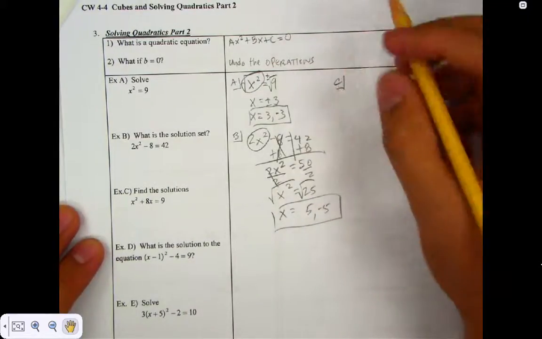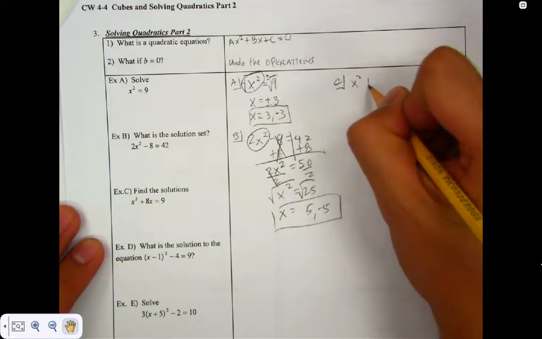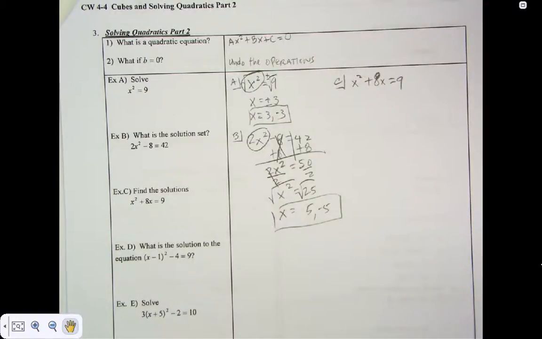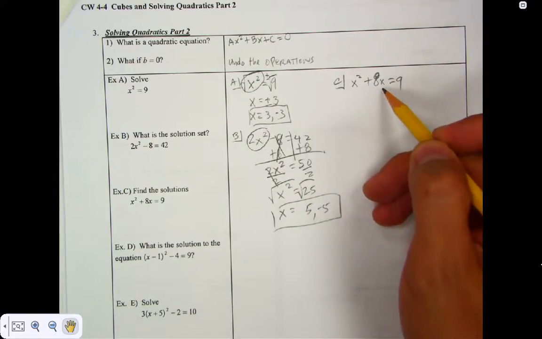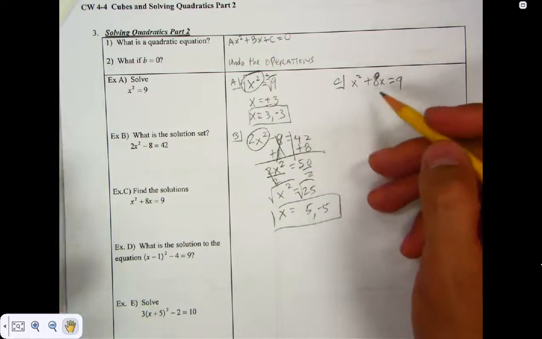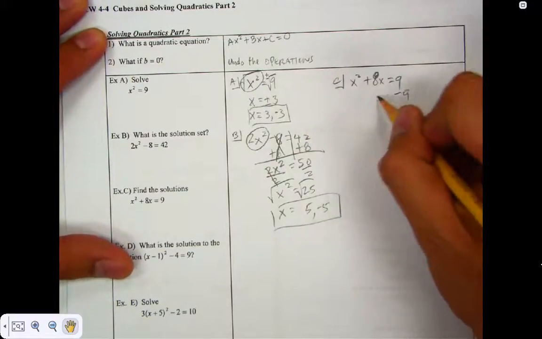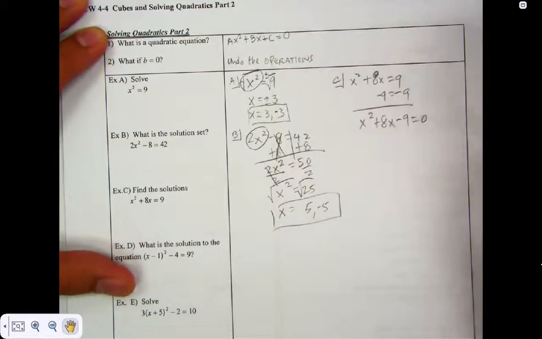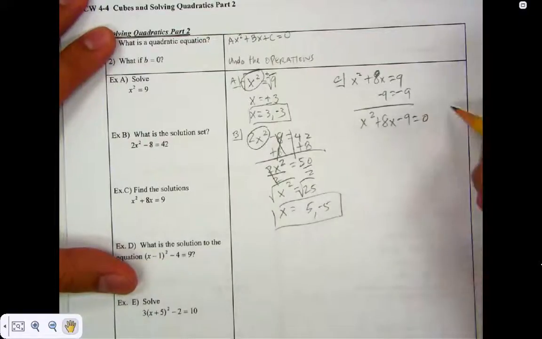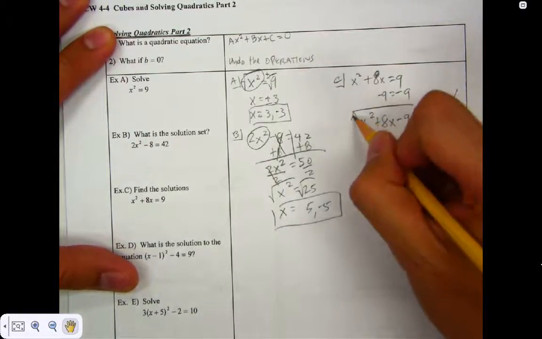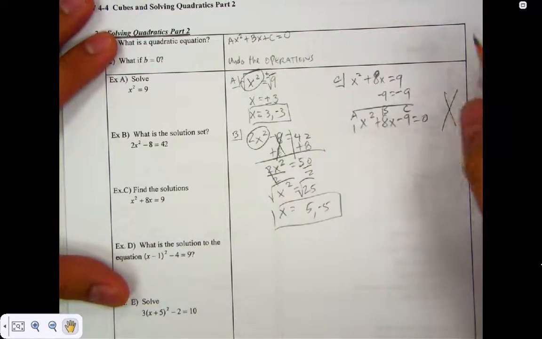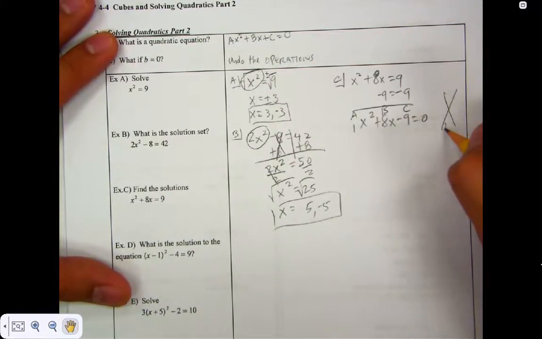Example C. I'm going to copy right here. Find the solutions. X squared plus 8x equals 9. Okay, right here I see a bx, so I'm going to normally solve it by getting one side equal to 0. So with the 9, I'm going to subtract 9 on both sides. So I got x squared plus 8x minus 9 equals 0. I'm going to try to factor. A is 1, B is 8, and C is negative 9. Remember on the diamond, what goes on bottom? The B, positive 8.